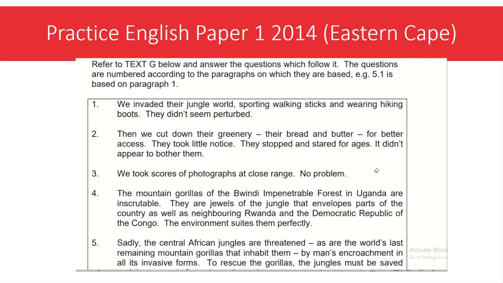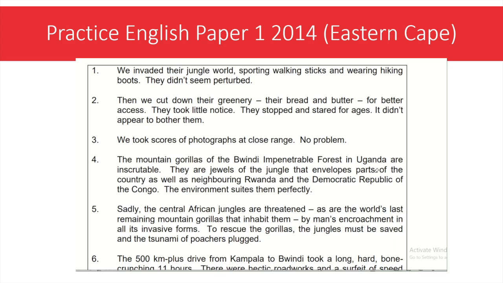They didn't seem perturbed. Then we cut down their greenery, their bread and butter, for better access. They took little notice. They stopped and stared for ages. It didn't appear to bother them. We took scores of photographs at close range. No problem. The mountain gorillas of the impenetrable forest in Uganda are insatiable.